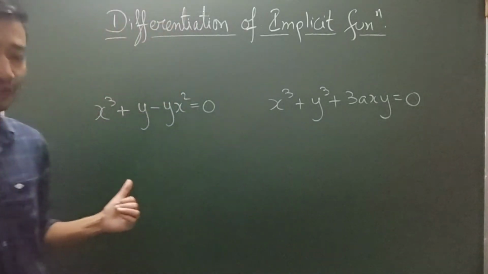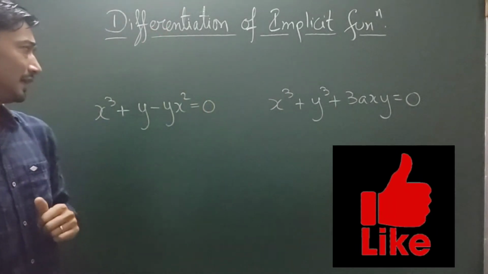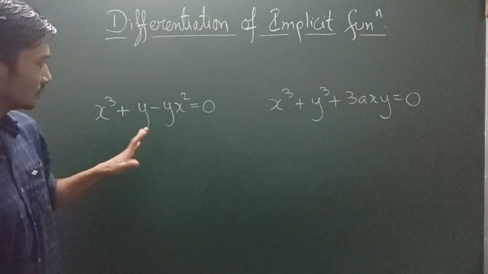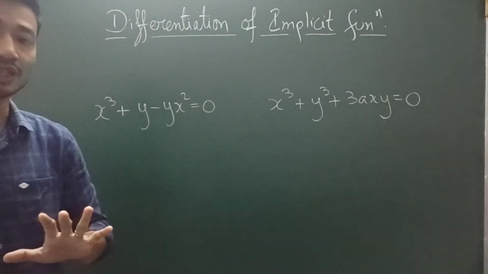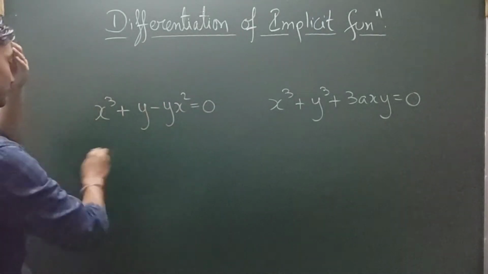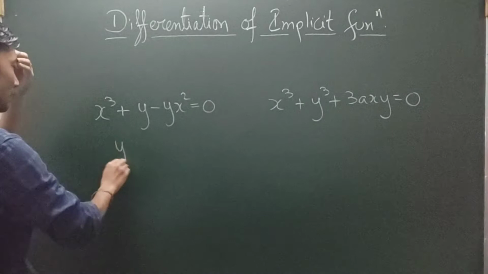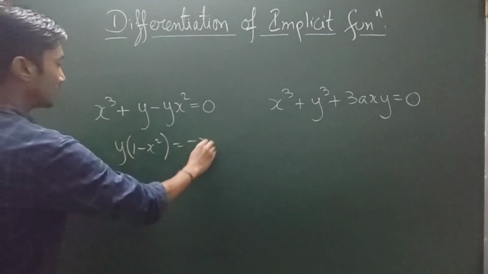I've given you here two functions, number one, number two. Let's try to find y in both the equations. Alright, let's try to solve this. Here, I'll take y common, so I'll be left with 1 minus x squared, and x cubed I'm going to take to the other side.